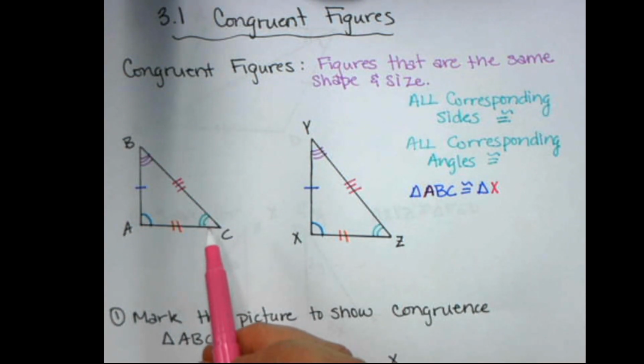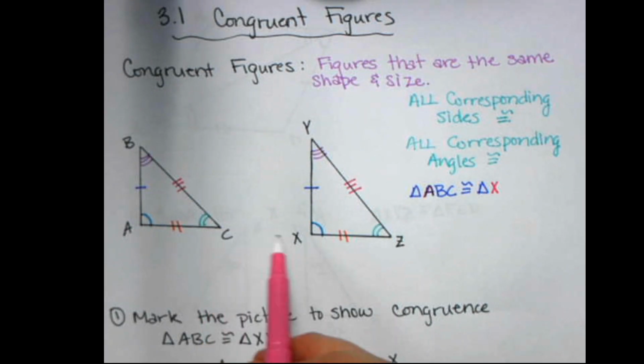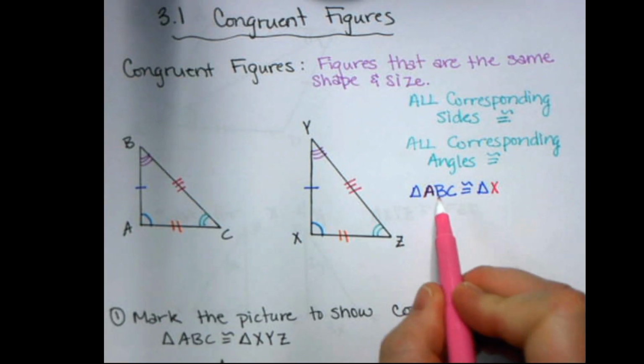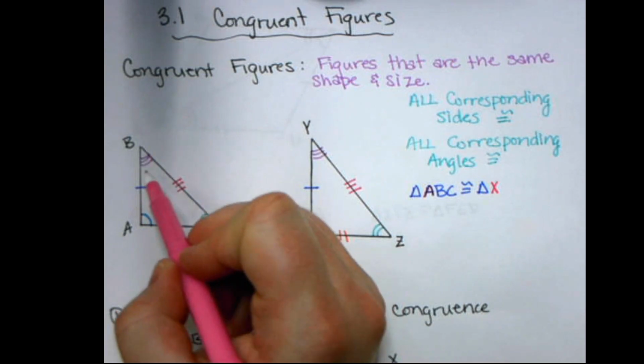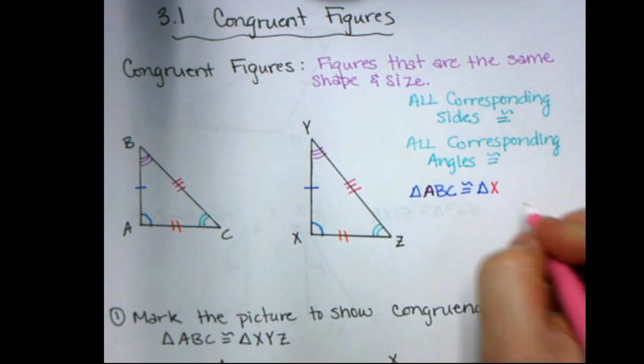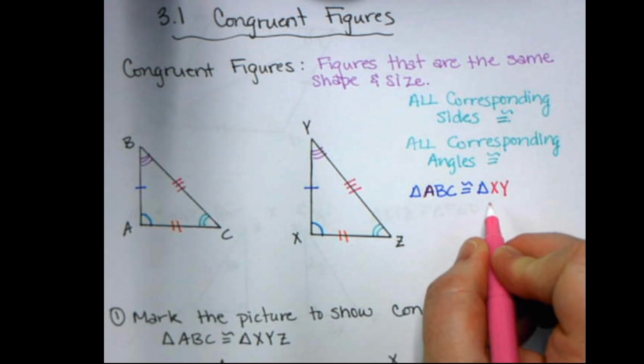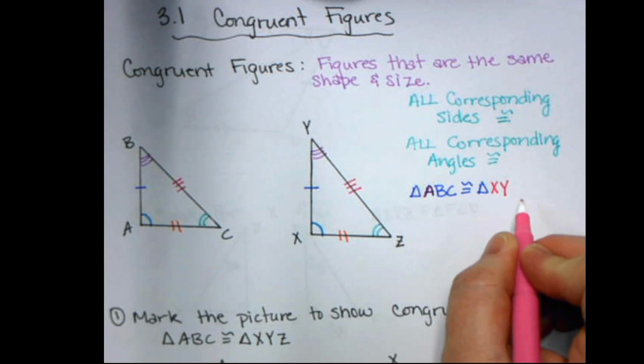From there, we go to the two arcs, so that would be C. Actually, no, we don't. We go to B, sorry, next. So B is 3 arcs, so that means it has to match with Y, which has 3 arcs. So A had 1, X has 1. B has 3, Y has 3.